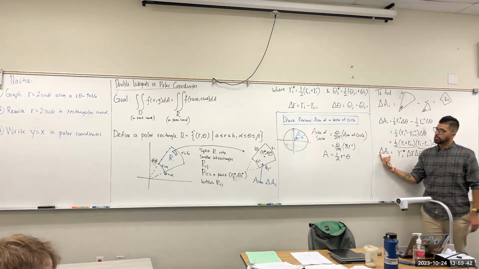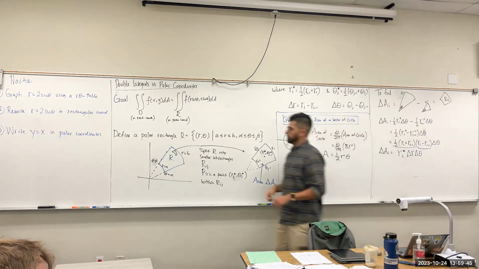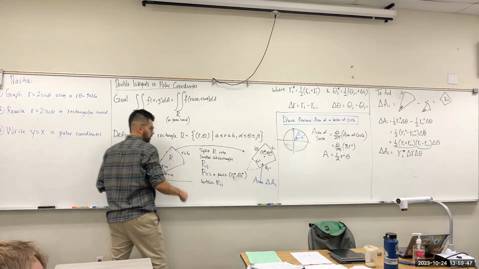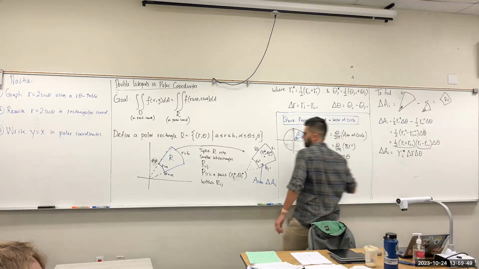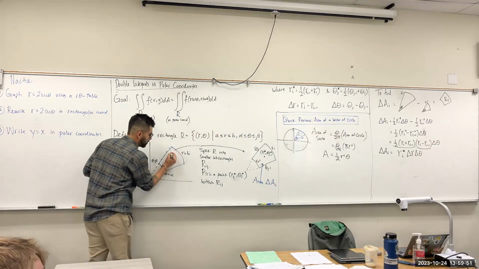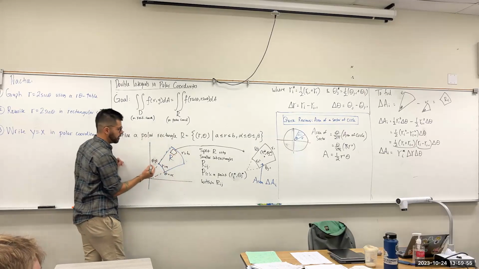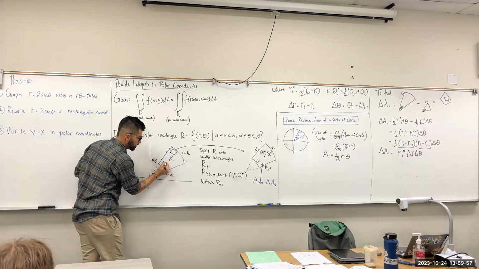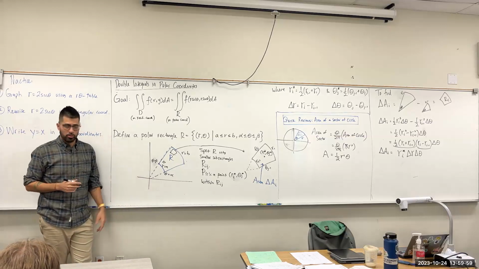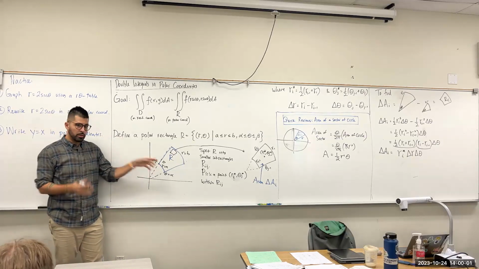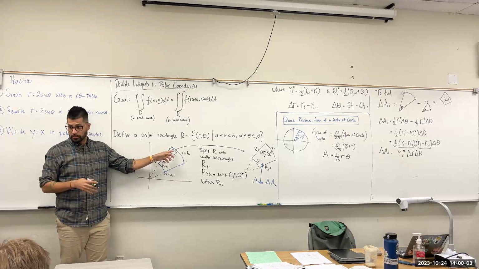That means that this subrectangle here will not have the same area as this smaller subrectangle here, which visually makes sense because these are going to be a little smaller than these.